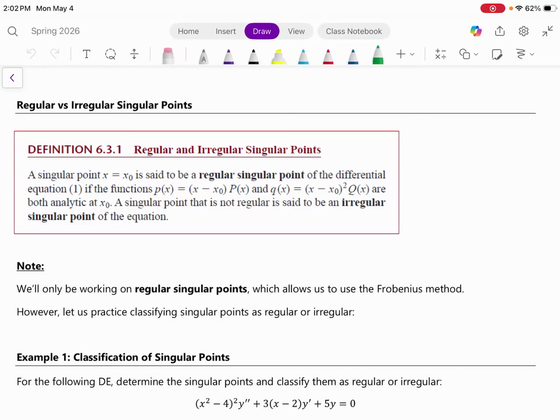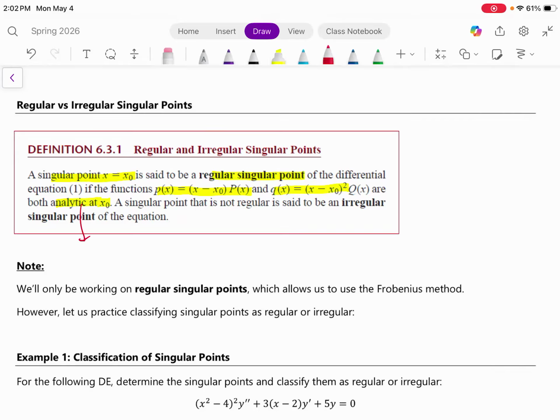So a singular point is said to be a regular singular point of a differential equation if the function little p of x equals x minus x naught times P of x, and little q of x equals x minus x naught squared times Q of x, are both analytic at x naught.